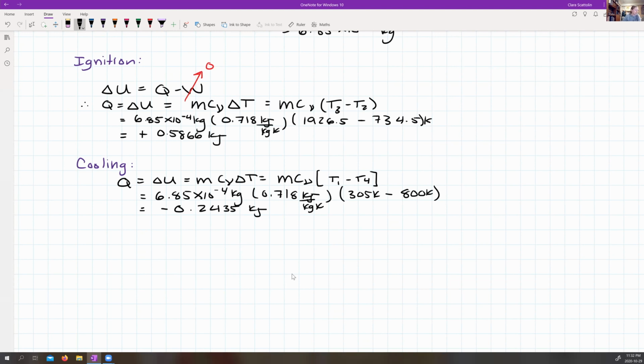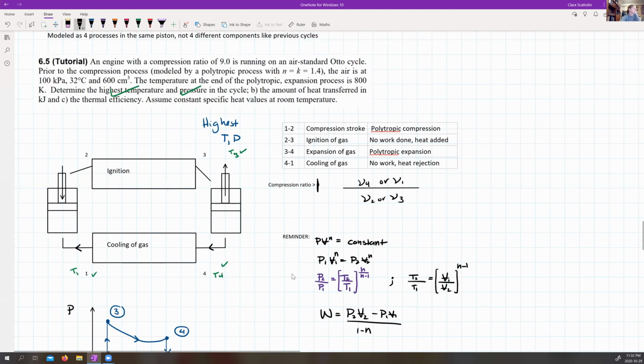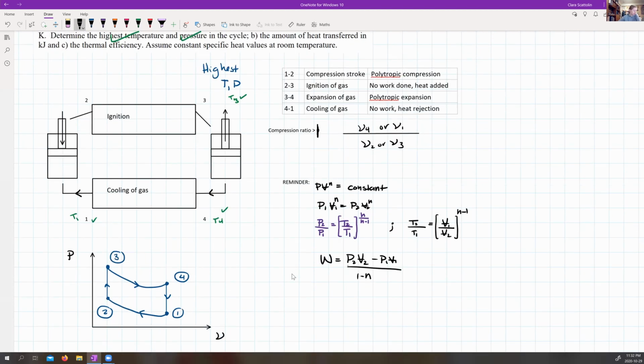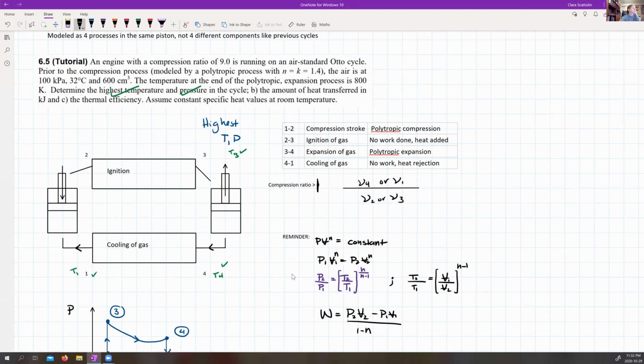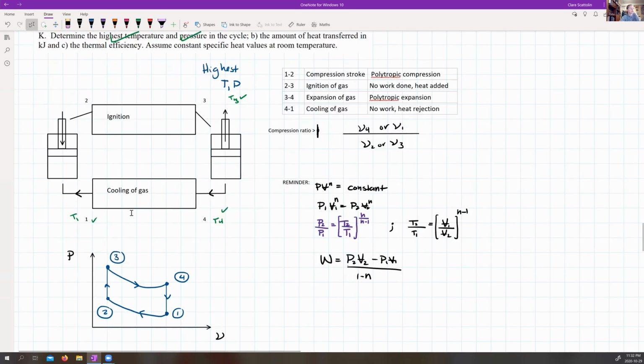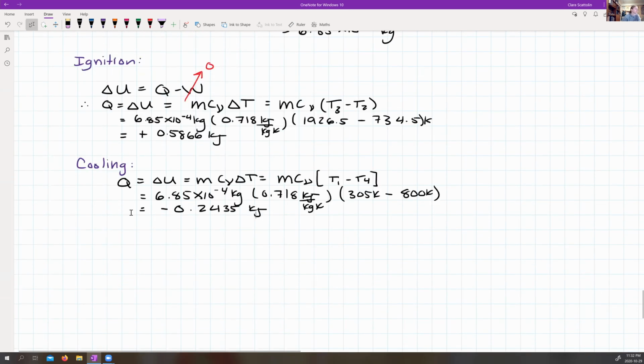Now, if we look at 1 to 2, 1 to 2 is our compression stage, right? We're going to need the work net because we're asked to find thermal efficiency. So actually the next step is the amount of heat transferred in kilojoules. We can answer that.